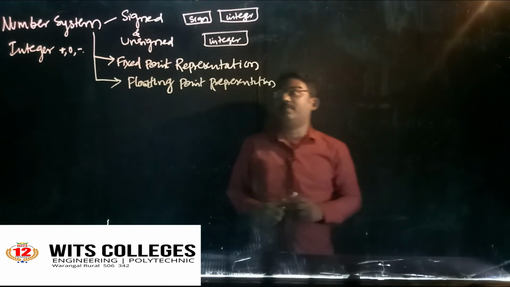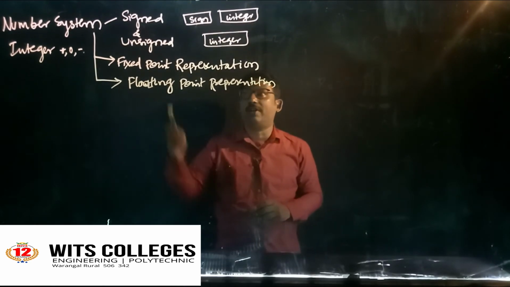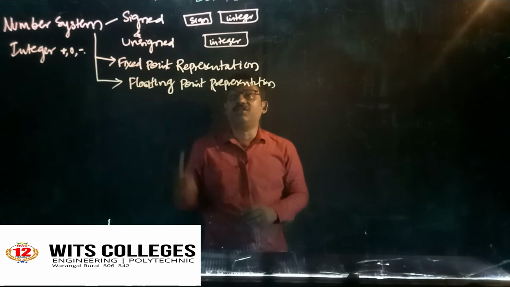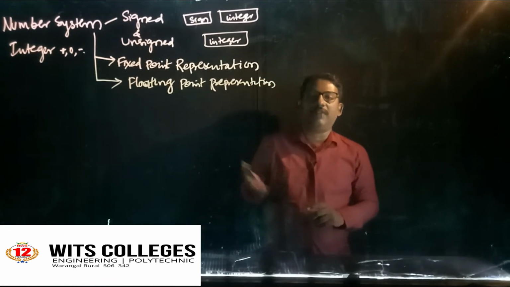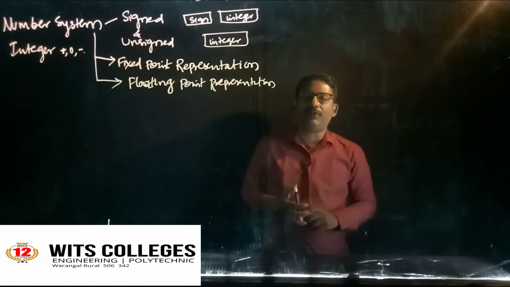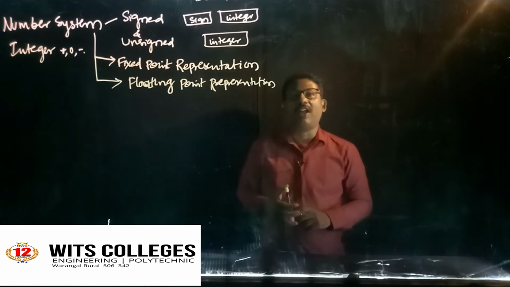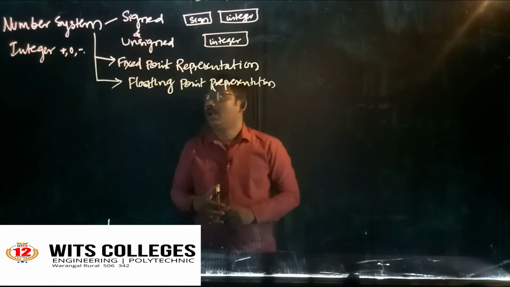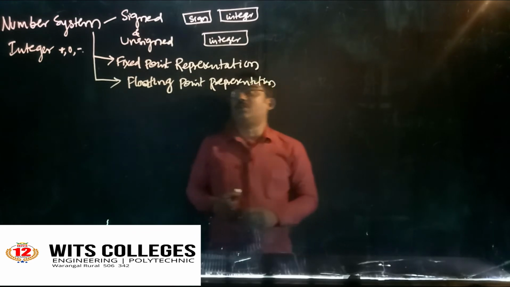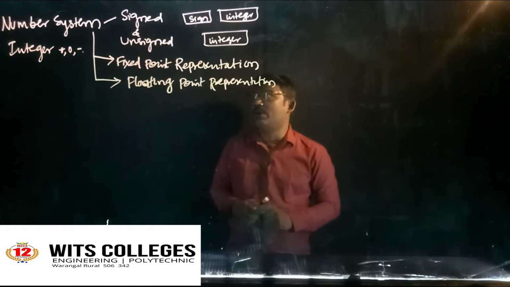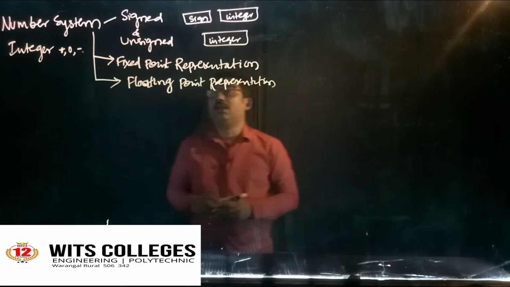So the types of number are signed and unsigned. An integer is defined as all positive and negative numbers including 0, whereas a real number or float is a fractional number.